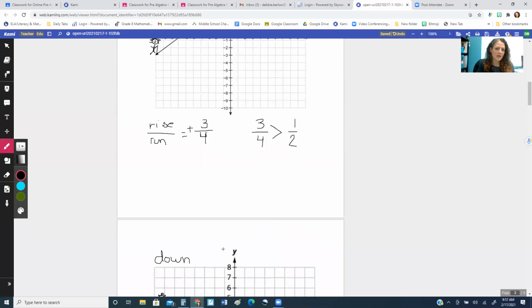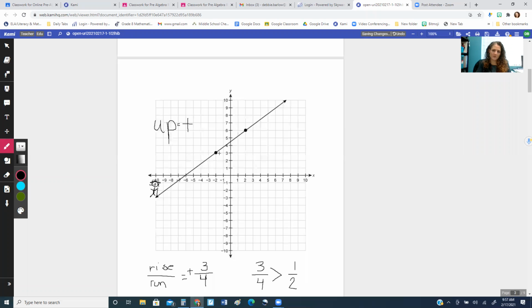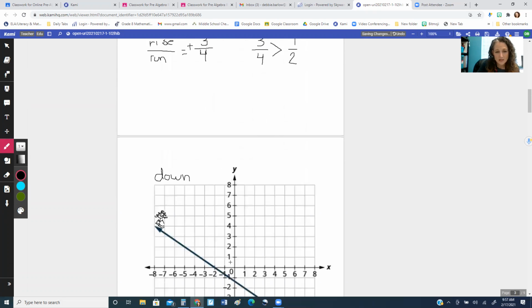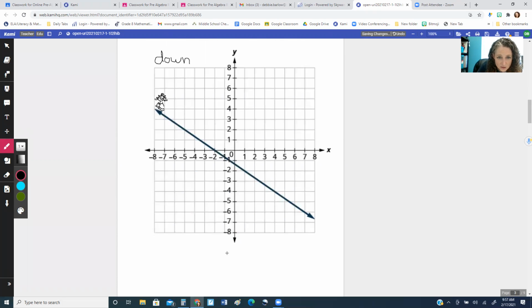So first of all, on this one, they gave me 2 dots, which was so lovely. On this one, I don't have 2 dots, but that's okay, because can I find 2 points? Sure I can. I'm awesome like that. So I'm going to find this obnoxious pink color. And look, there's a point right there where they cross. So would this point work? I mean, yeah, but what is that point? Is it 3.5?